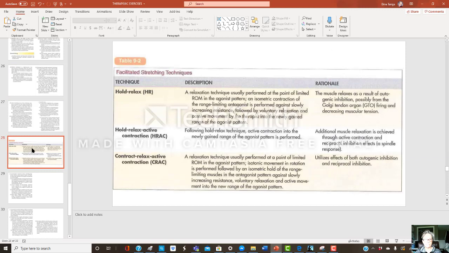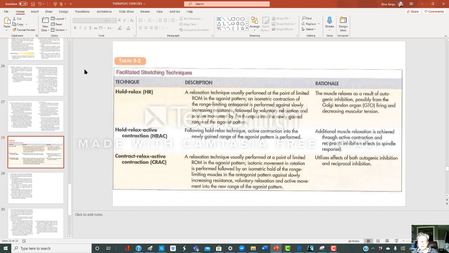And here we are with the facilitated stretching techniques, hold relax. A relaxation technique usually performed at the point of limited range of motion in the agonist pattern.